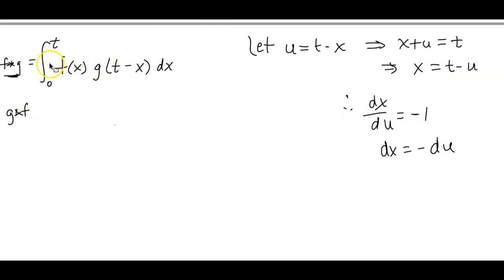Now, I can also do my limits of integration here, but I'm going to wait to do that until a little bit later. All right, so let's do my integral here. I know that my x is the same as t minus u, so I'm going to have f of t minus u times, and here I know that t minus x is just going to be u.